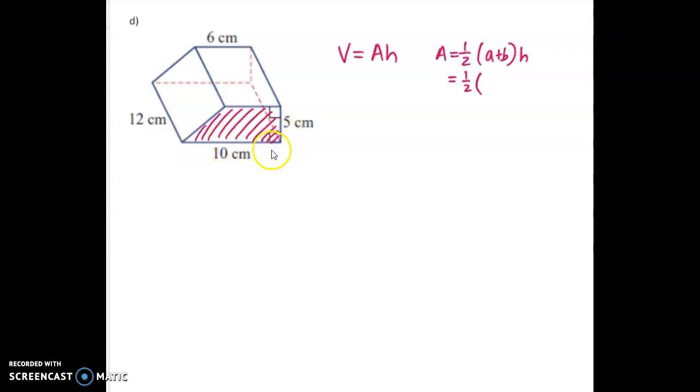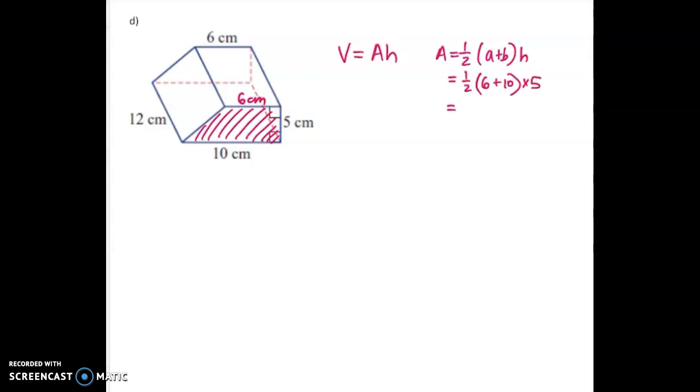So we know the bottom, that's 10. The top here, as you can see, is the same length as the length at the back here. If I can write that down, that length is 6 centimeters. And so in the brackets, I'll be adding that value with the 10 at the bottom, and then multiplying it by the perpendicular height of the trapezium, which is 5 in this case.